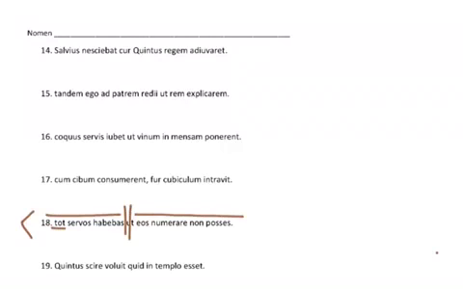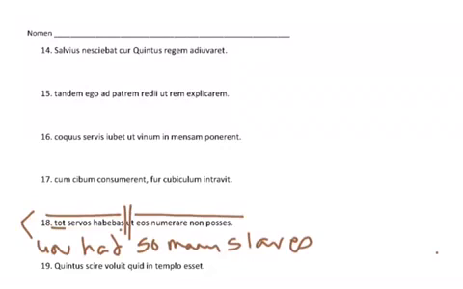So it says habebas, S, you. Habebas, had. Tot servos, so many slaves. And so what's the result of that? So ut in a result clause equals that. So it changes its meaning.